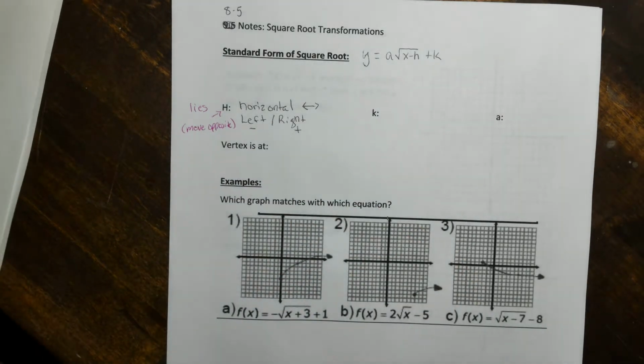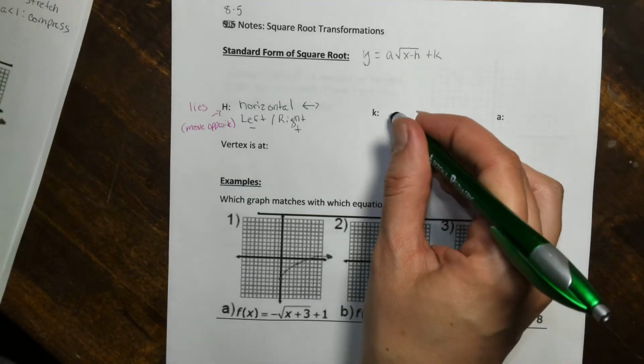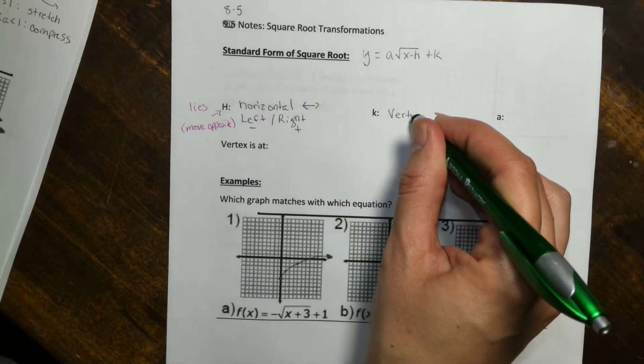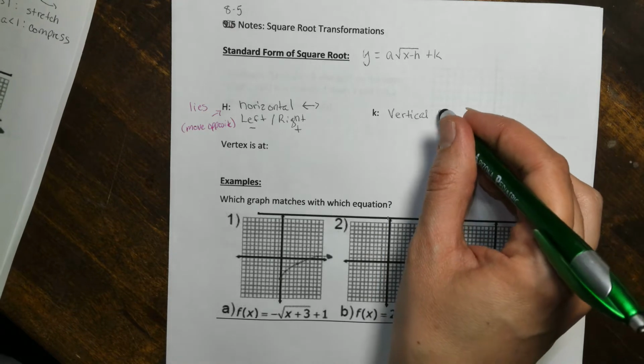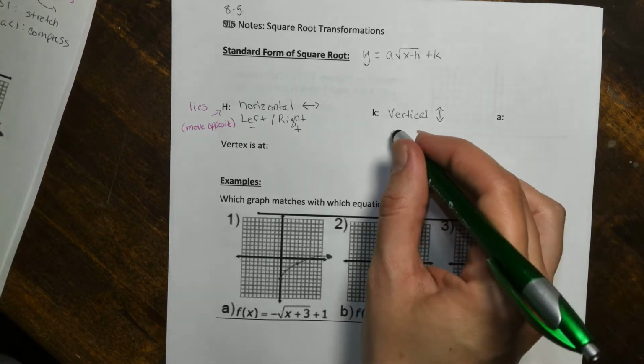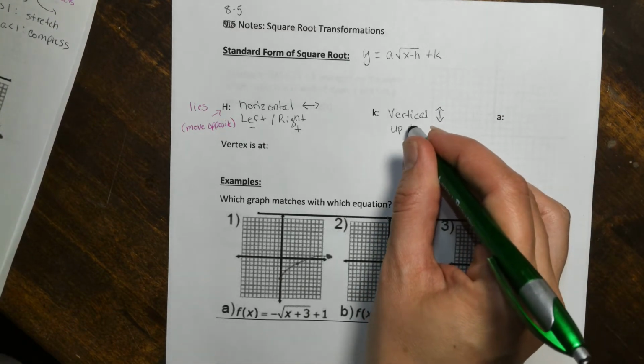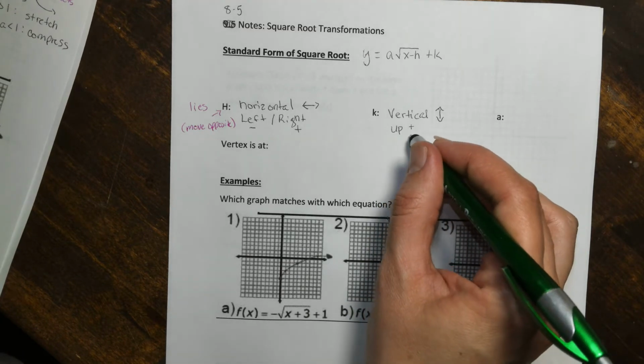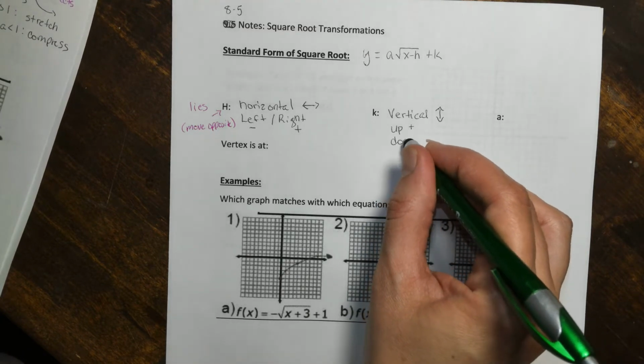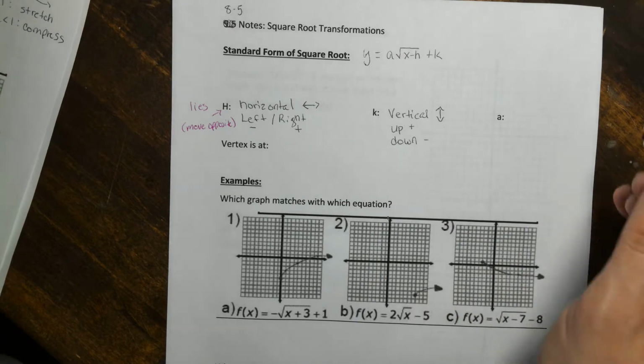Okay? When we're looking at k, it is your vertical shift, which is an up-down movement. When it moves up, it's moving positive. When it goes down, that is negative.